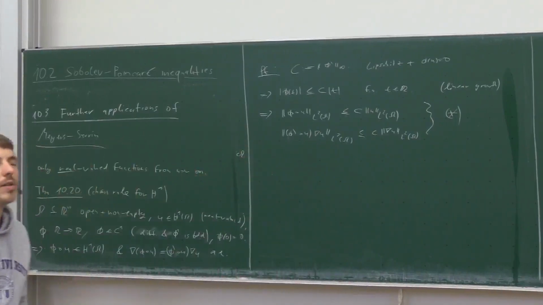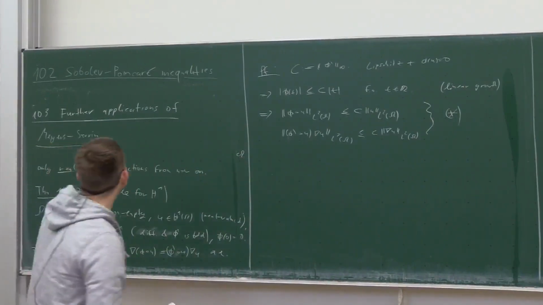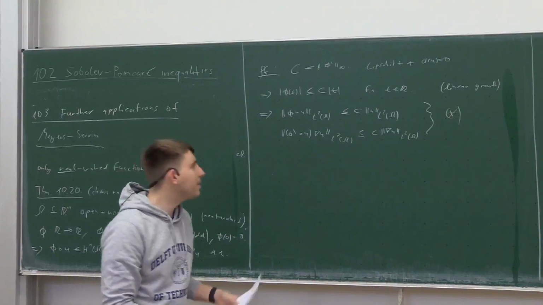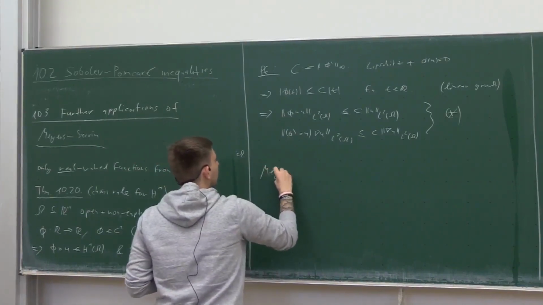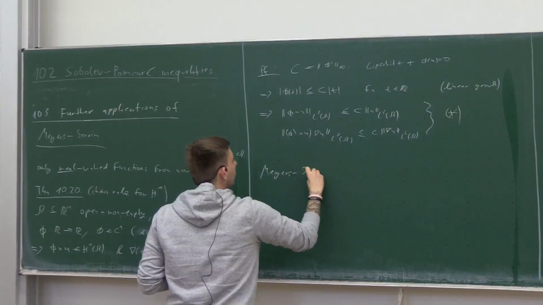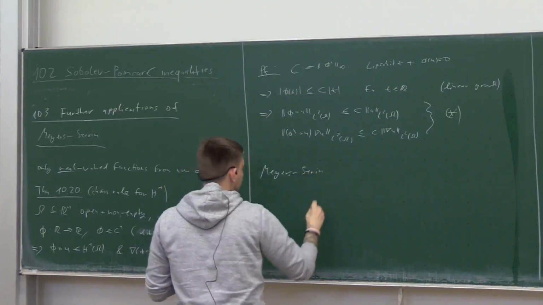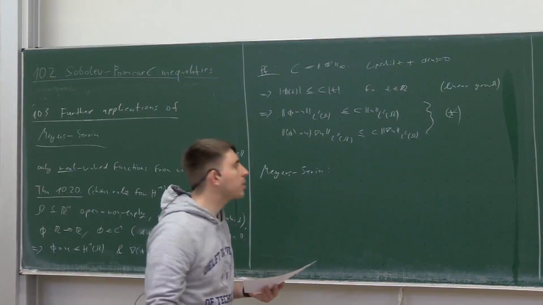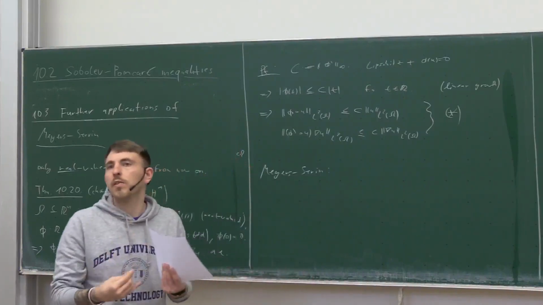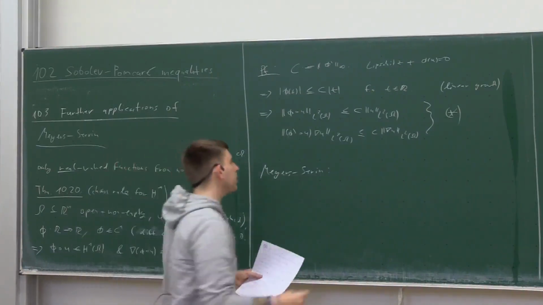Now at some point we should use Meyer-Serrin, if it's supposed to be a further application of it. So let's do it. Meyer-Serrin gives that there is a sequence of this class of dense functions.